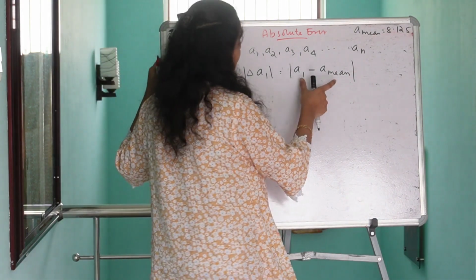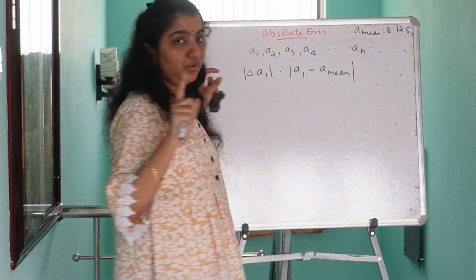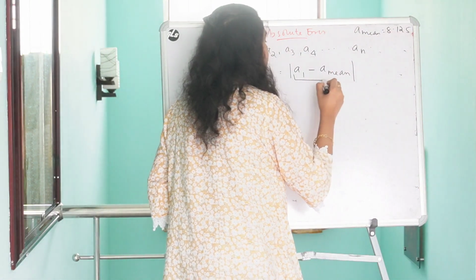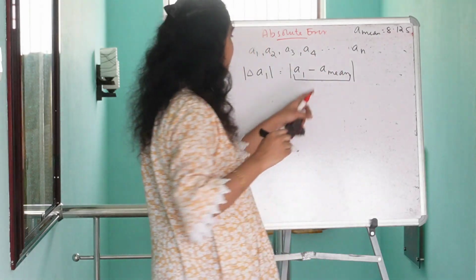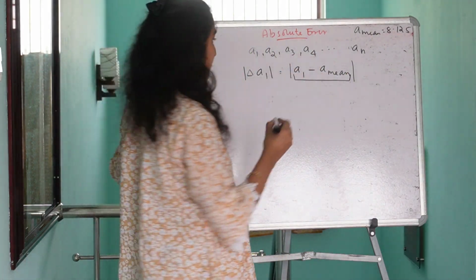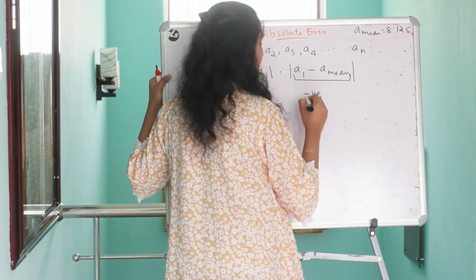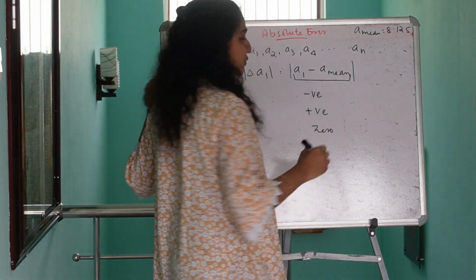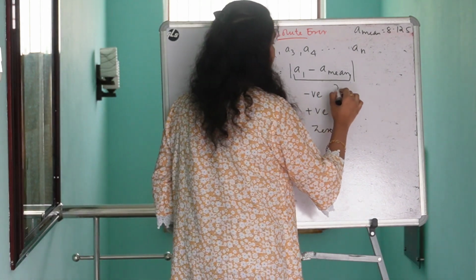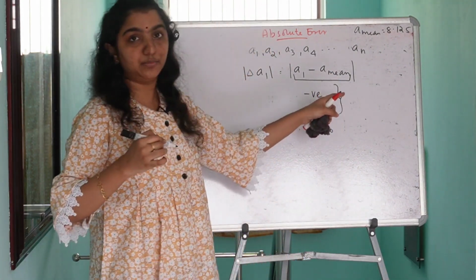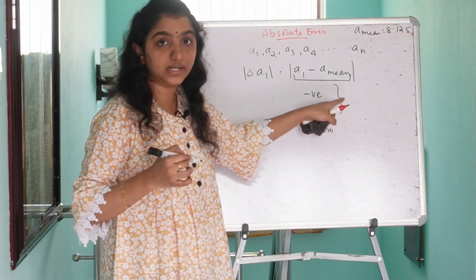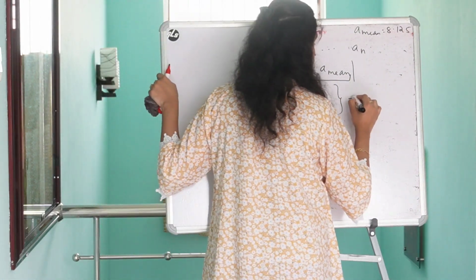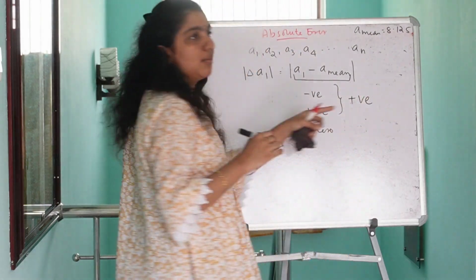As I told before, you have three cases, isn't it? There are three possibilities when you calculate A1 minus A mean. Either the error value can be negative, or positive, or equal to 0. Even if the error is negative and even if the error is positive, you will always get the magnitude value as positive.